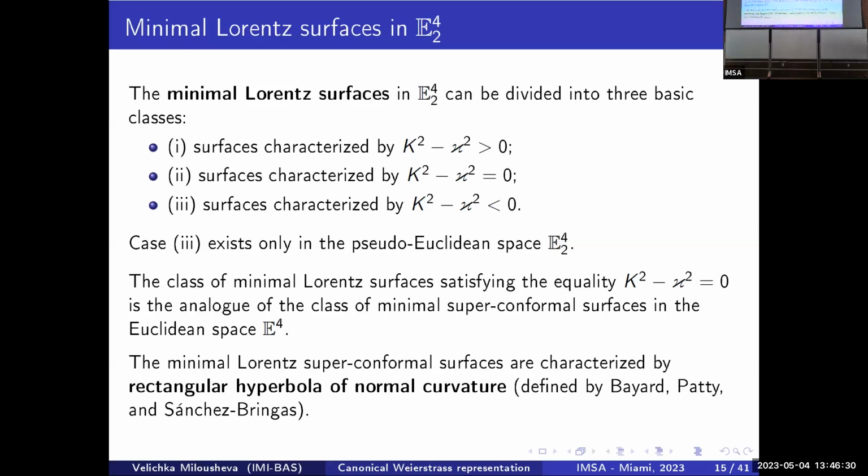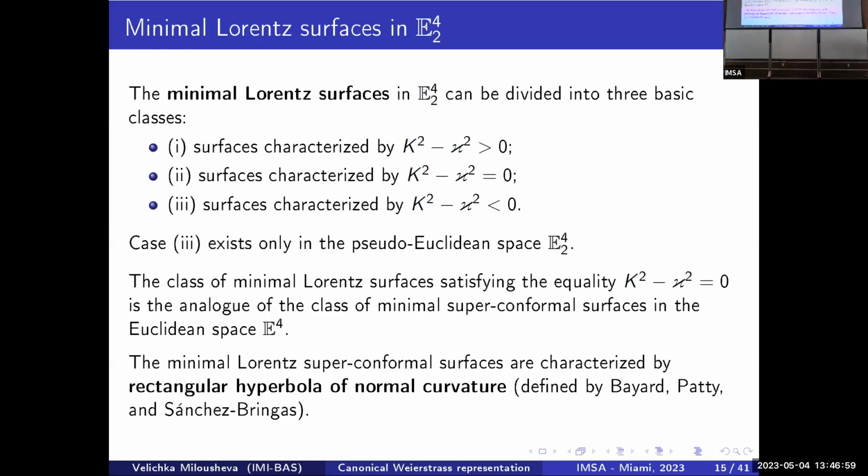And I would like to pay attention to the third case, because such a case exists only in the pseudo-Euclidean 4-space E^4_2 with neutral metric. Such a case does not exist in the Euclidean 4-space, nor in the Minkowski 4-space, nor for space-like minimal surfaces in the pseudo-Euclidean space with neutral metric, only here.